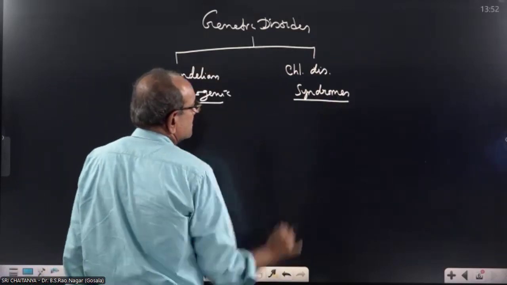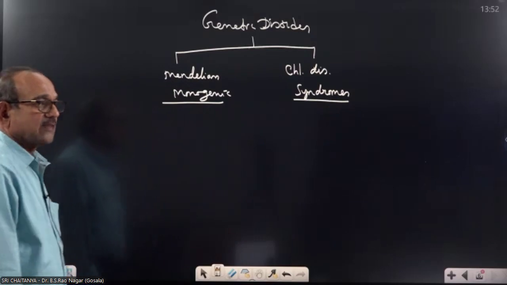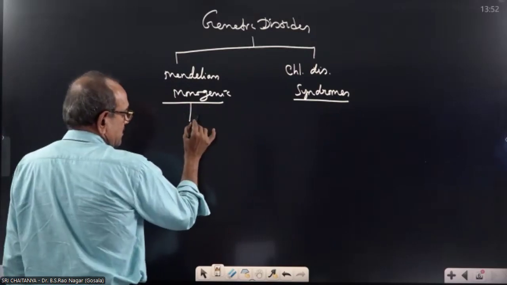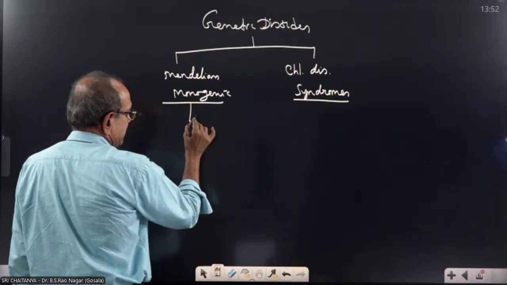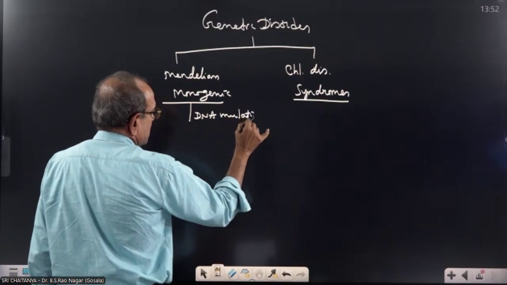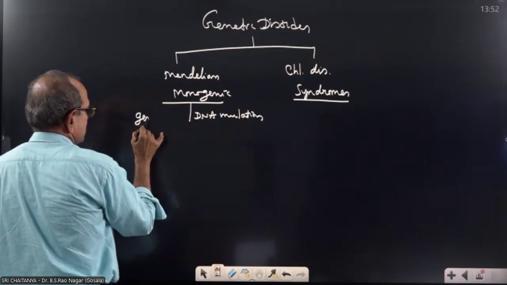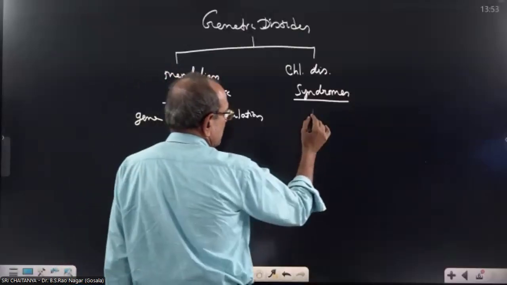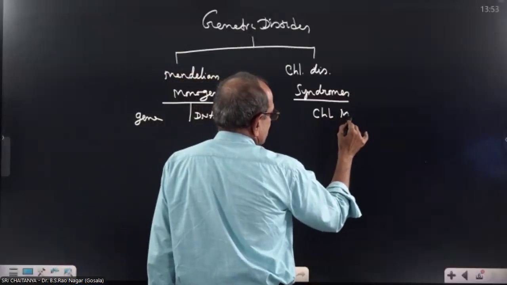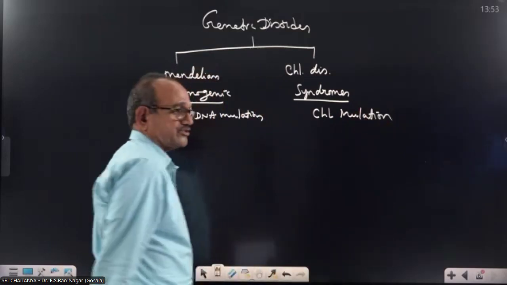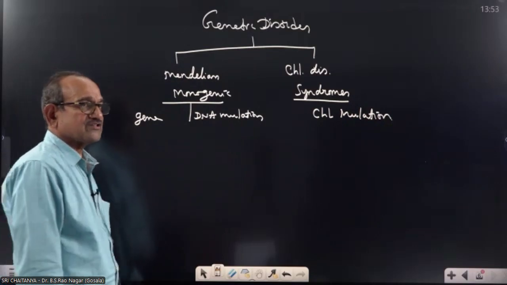Mendelian disorders, chromosomal disorders. Mendelian disorders are due to mutations in the DNA, or gene mutations, whereas syndromes are due to chromosomal mutations, chromosomal aberrations.